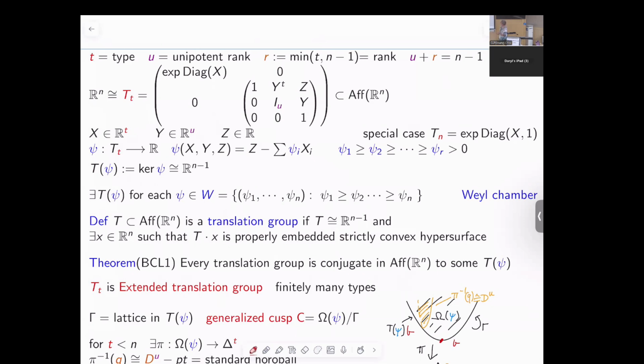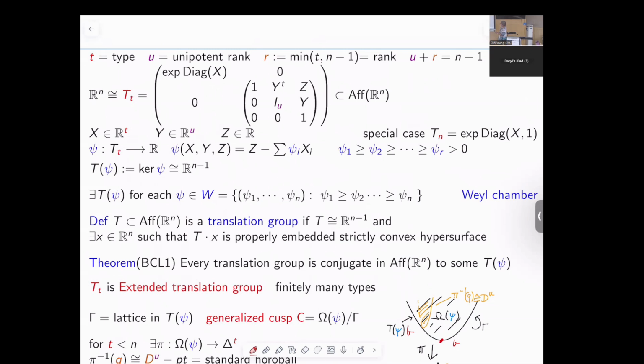And now we're going to pick out a subgroup of codimension 1 in here. This subgroup of codimension 1 is picked out by taking a homomorphism from this Lie group to R and taking the kernel of that homomorphism. And the homomorphism is given by this formula here.